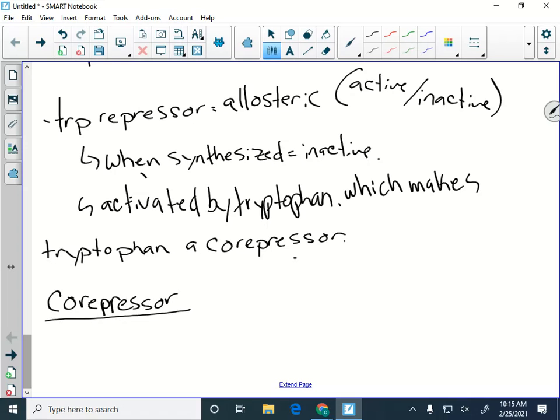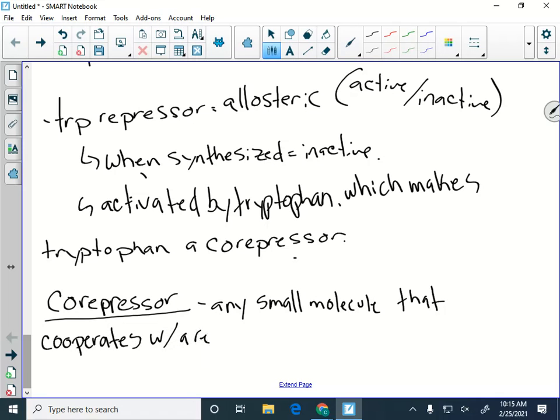A corepressor is any small molecule that cooperates with a repressor to switch off an operon.